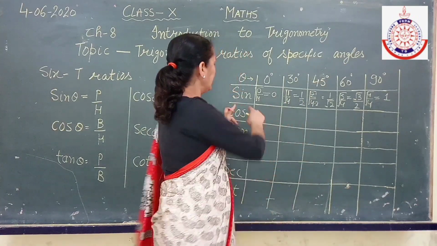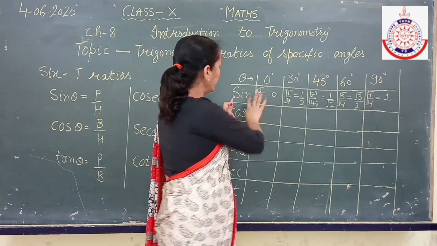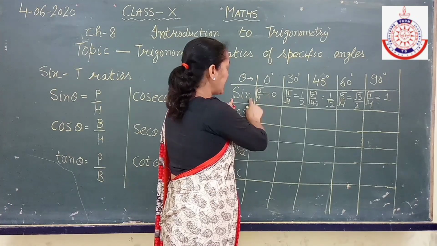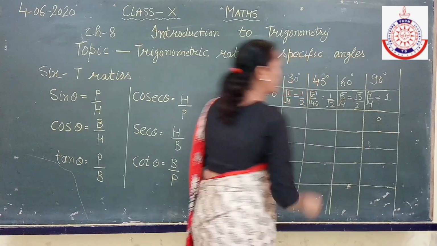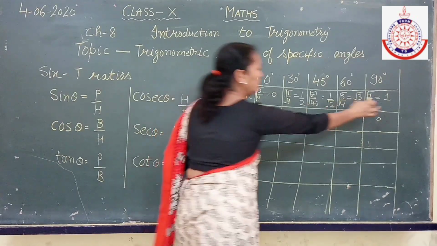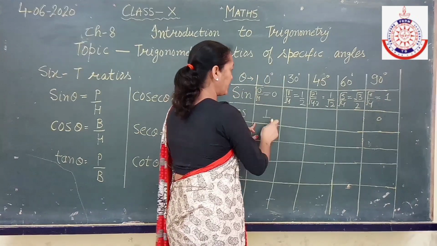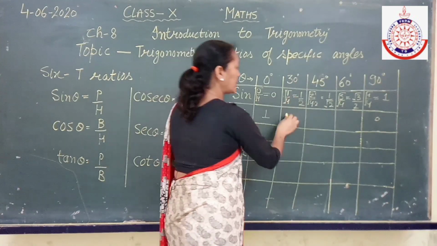Then it becomes very easy to see. Sine and cos are interconnected to each other. Like how? Whatever the value of sine 0, the same is the value of cos 90. Simply start from the end. Whatever the value of sine 90 is, it will come as cos 0. Sine 60 will come under cos 30.